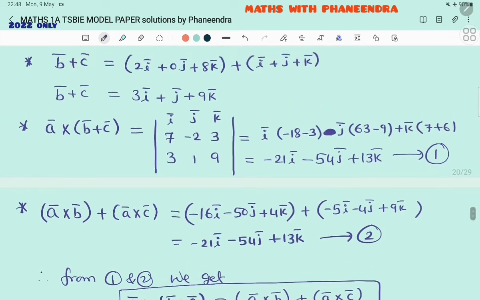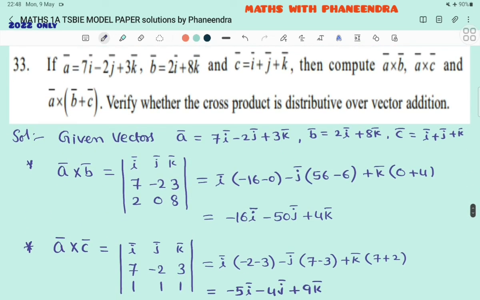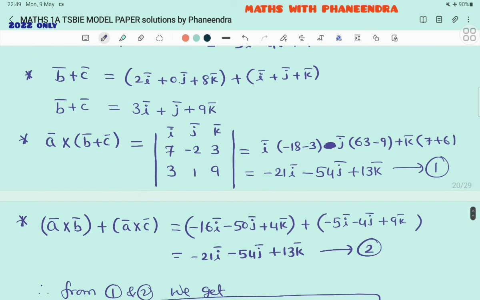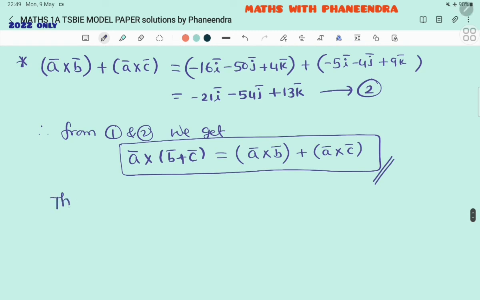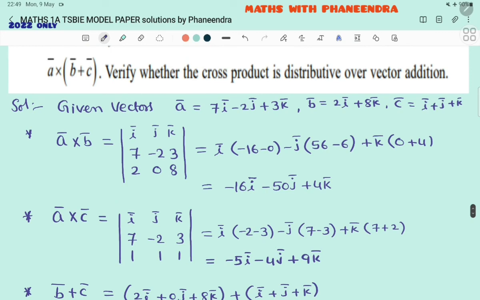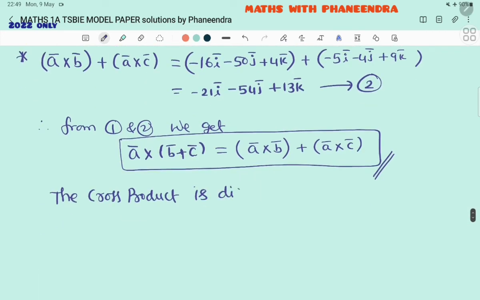We conclude that the cross product is distributive over vector addition. You have to mention here: the cross product is distributive over vector addition.